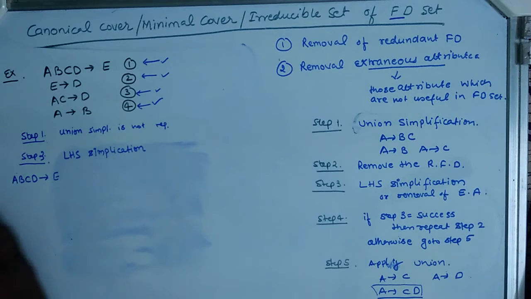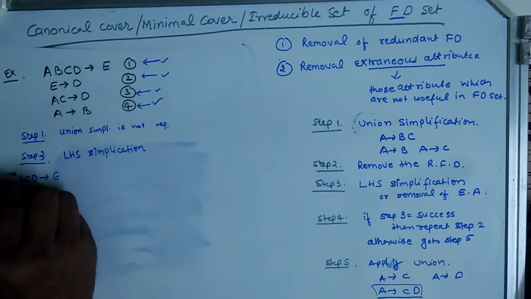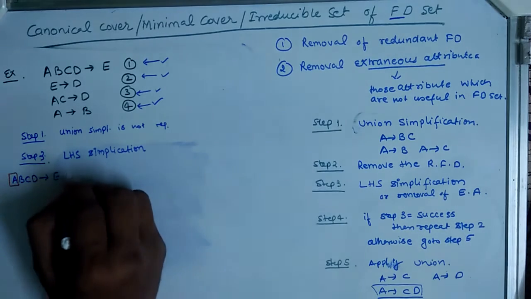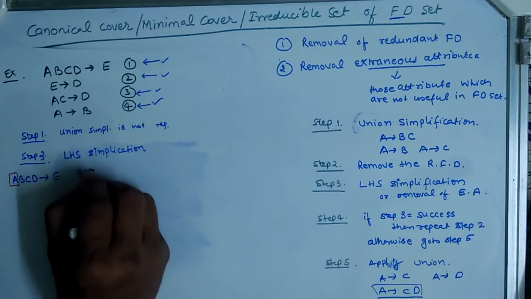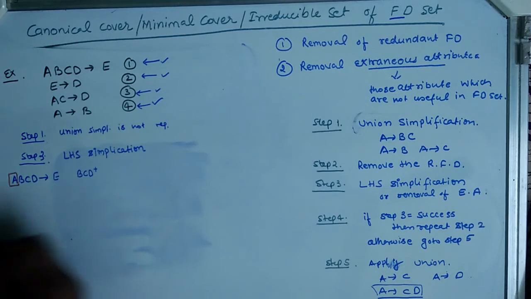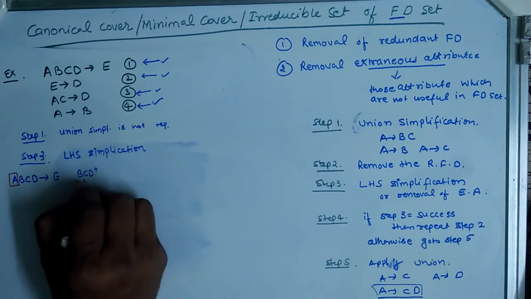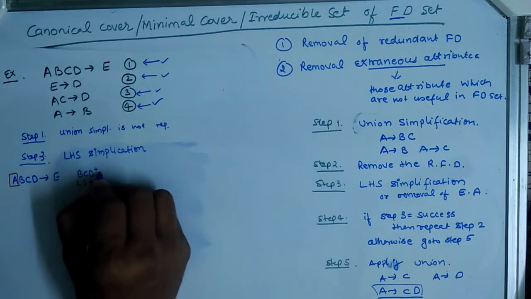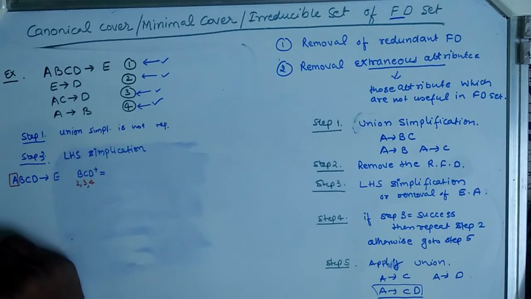Suppose for this functional dependency, first I remove A and calculate the BCD closure from equations 2, 3 and 4, and if we find A in the BCD closure, then we can say that A is a redundant attribute.